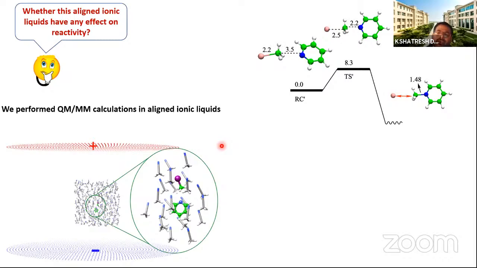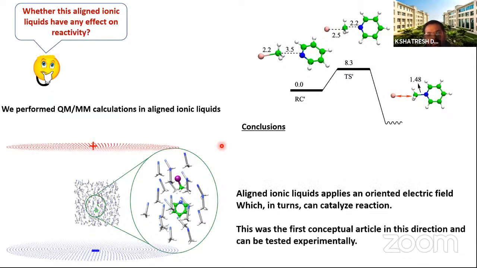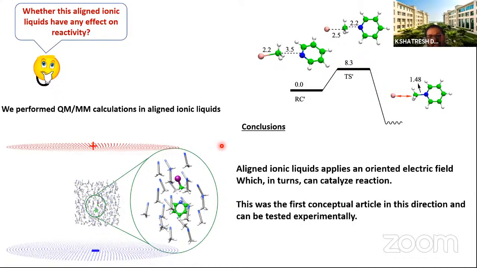This was a conceptual work where we theoretically verified that if we use an aligned polar or ionic solvent, its electric field can be harnessed as a source of external electric field, which can further catalyze reactions. This was the conclusion, and the first conceptual article in this direction, with open scope to test it experimentally.